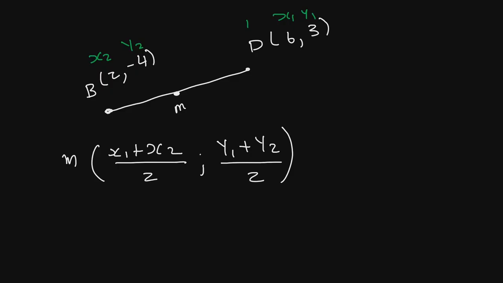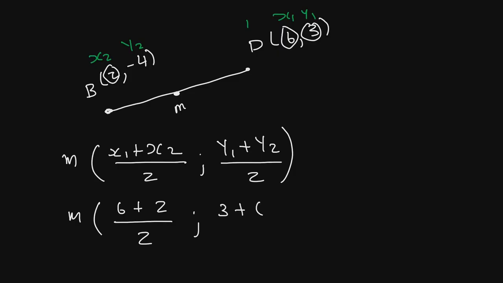So now for the midpoint, the x1 is going to be 6 plus the x2, which is 2, all divided by 2. The y1 is 3 plus the y2, which is negative 4, all divided by 2.